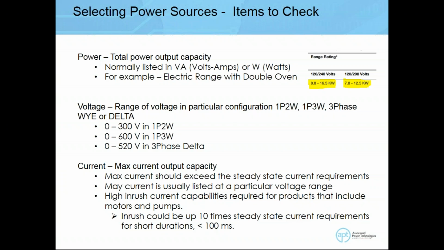You may also want to consider inrush current. There are times when inrush current could be up to 10 times more than the steady state current. As you will see later on in the demo, when we're trying to power up this full household vacuum, the inrush current requirements are much greater than the steady state current requirement. We're also going to take a look into how you could source out your products to meet these requirements.